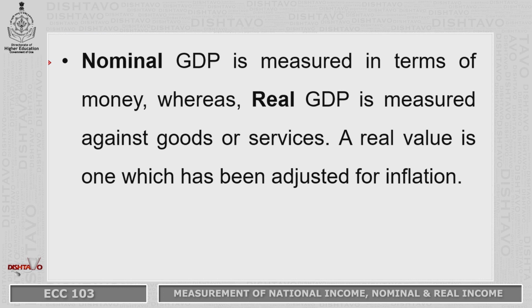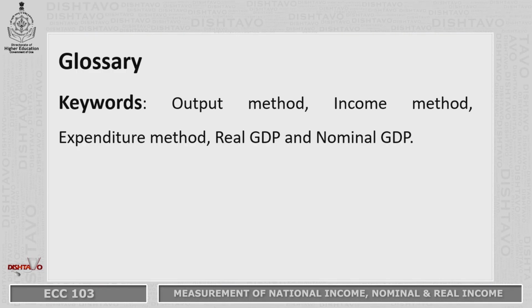It tells you the value of goods at the current prices, whereas the real GDP speaks about the quantity of goods which are produced in the economy during a given year. So, for an economy, what is more important is real GDP rather than nominal GDP. Nominal GDP will just show the rise in the price level, whereas the real GDP will show the positive growth which takes place in the economy.